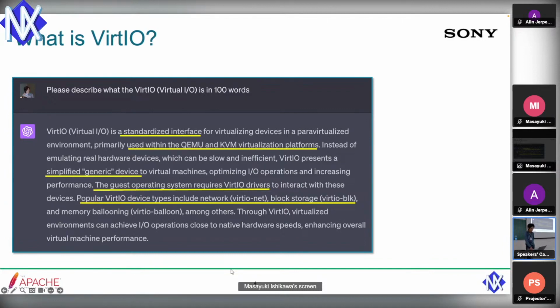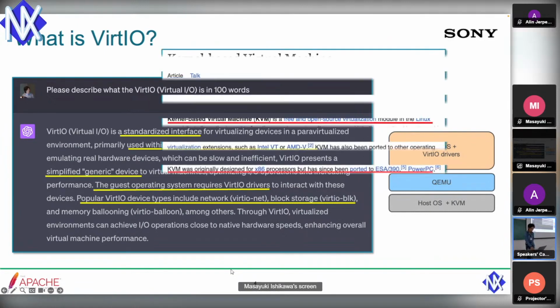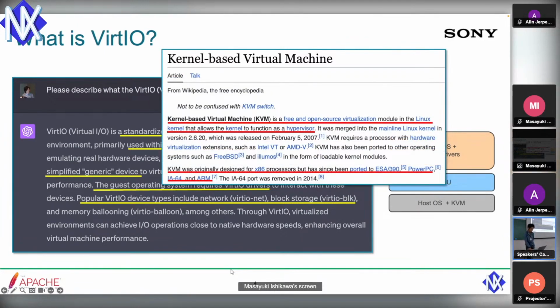And if we draw a figure based on this answer, the figure would be like this. Here, KVM is the kernel-based virtual machine. It's an open source module in the Linux kernel that allows the kernel to function as a hypervisor.